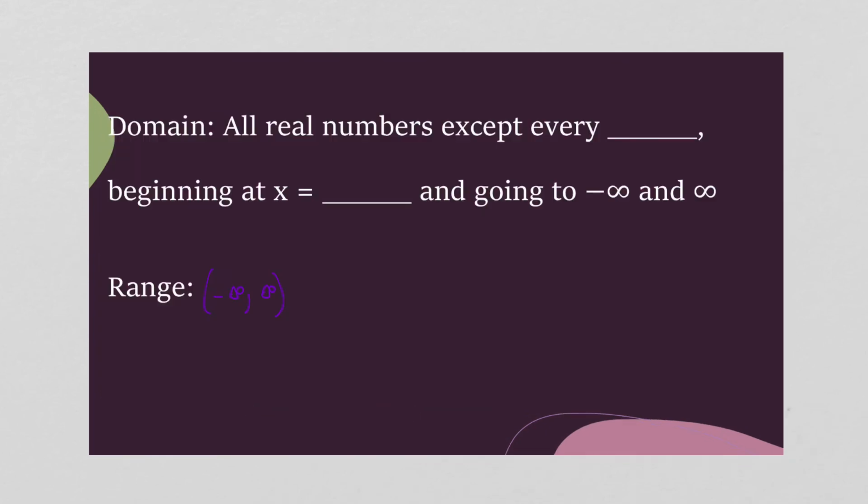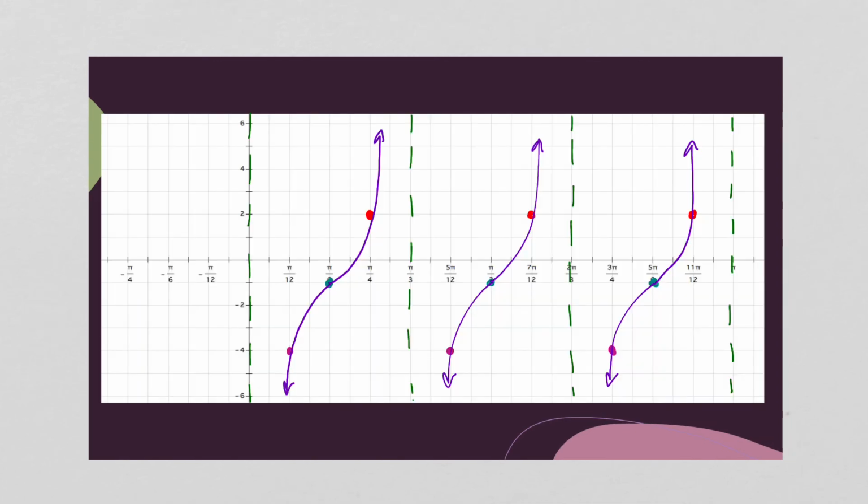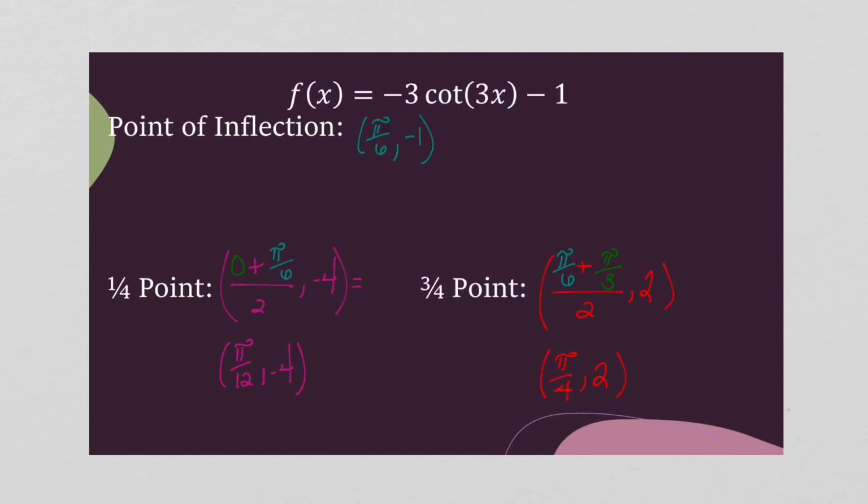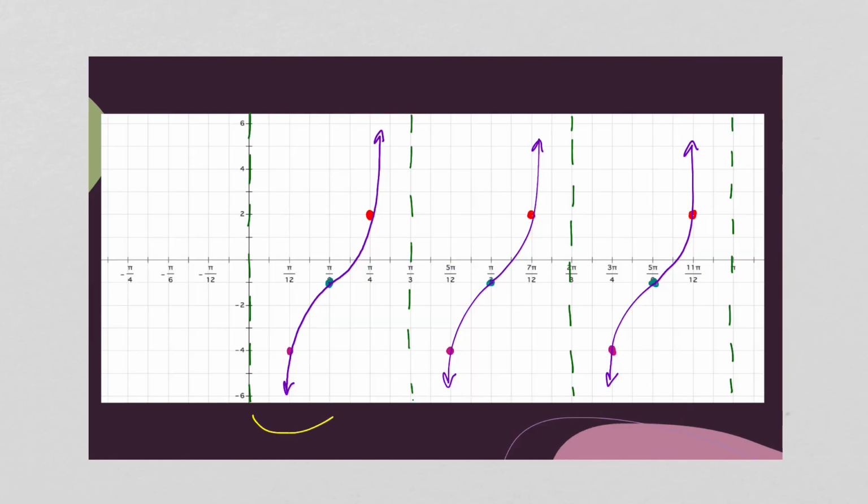All real numbers except every, and how far is it between each asymptote? It's a period. So we're going to plug in the period here. So except every pi over 3, beginning at some asymptote.